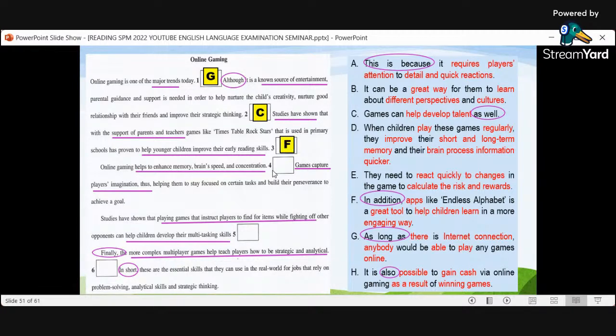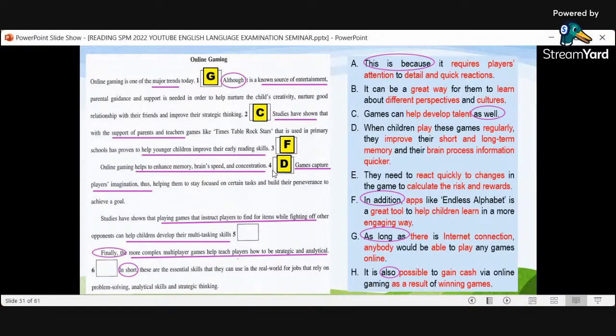Will be F. In addition, apps like Endless Alphabet is a great tool to help children learn in a more engaging way. Okay, because they are adding more to the example of the Times Table Rockstars. Okay, then you have online game helps to enhance memory, brain speed and concentration. Now what does that say about brain speed, memory and concentration?